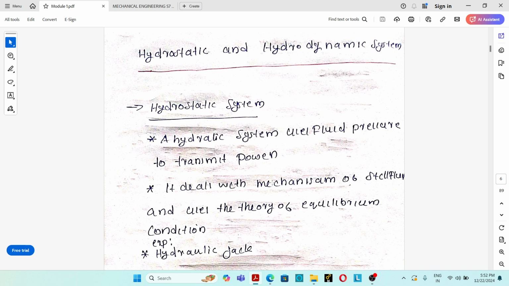The hydrostatic system deals with the mechanics of still fluid and uses the theory of equilibrium conditions. In a hydrostatic system, the fluid is filled in a confined space. The fluid is not flowing. So the mechanics of still fluid and the theory of equilibrium conditions are used. An example is the hydraulic jack. In a hydraulic jack, the oil is filled in a confined space.